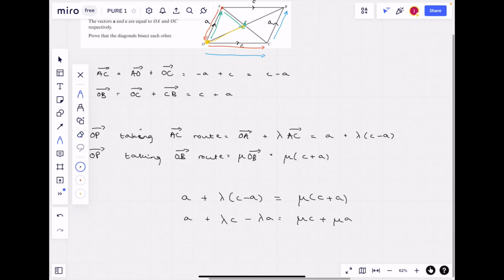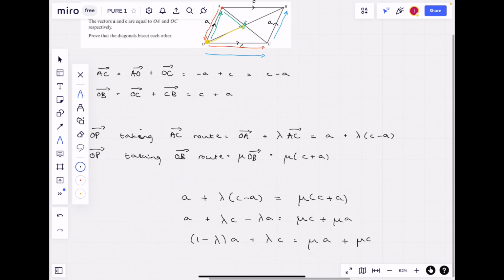So let's do A bracket 1 minus lambda, A plus lambda C equals mu A plus mu C. Okay, so that's just me grouping together the A's and the C's on both sides.